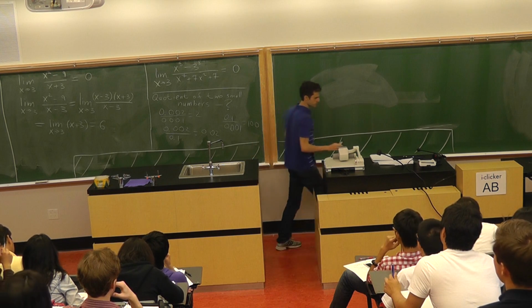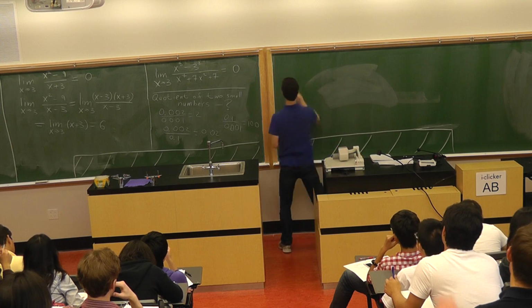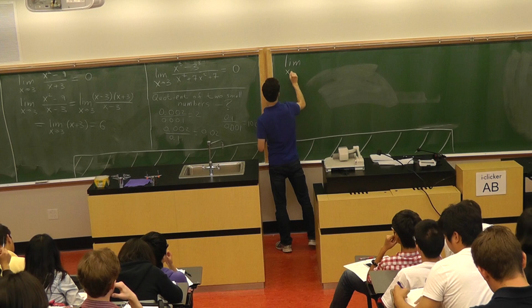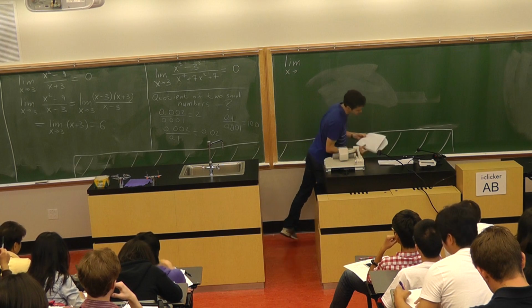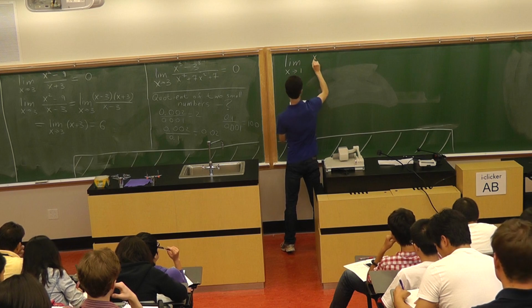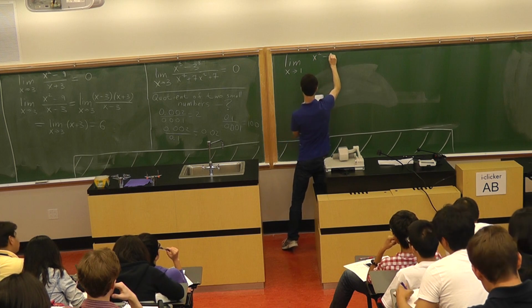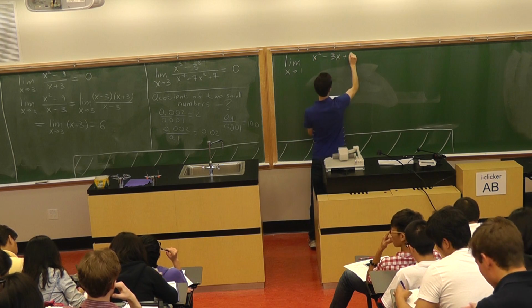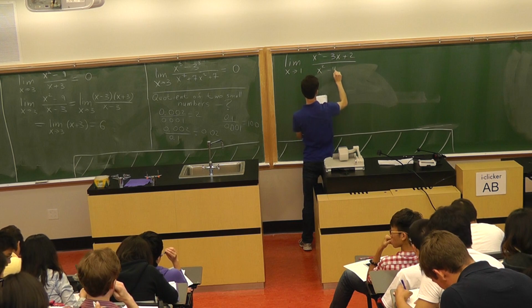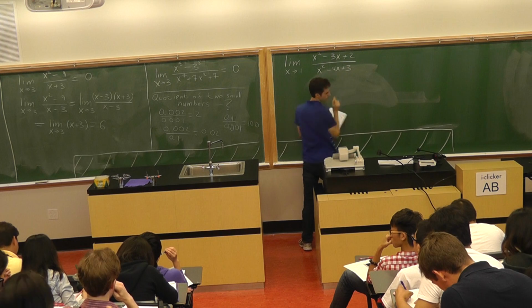Okay, let's maybe discuss another, somewhat similar example. Limit as x tends to 1 of x squared minus 3x plus 2 divided by x squared minus 4x plus 3.